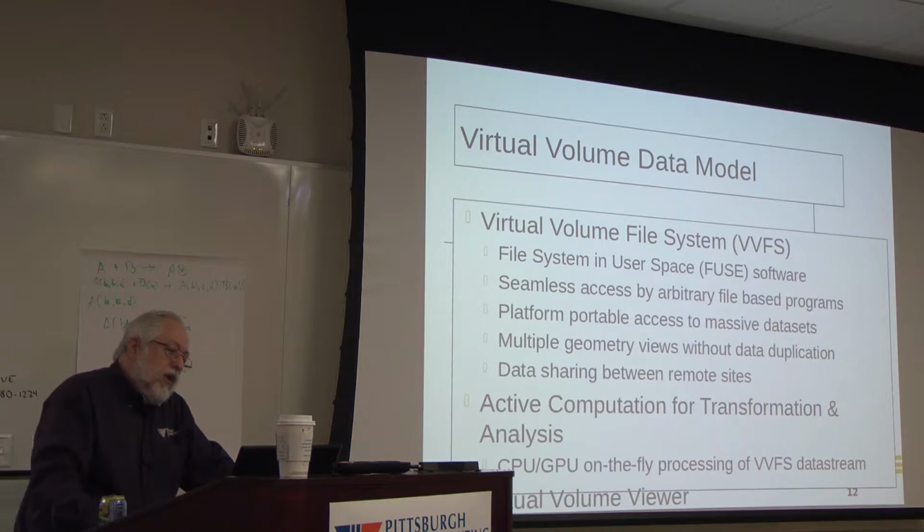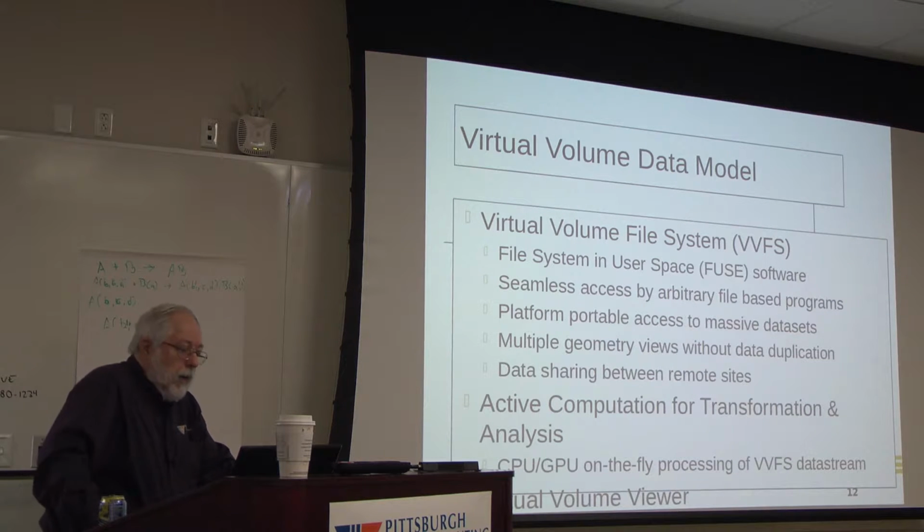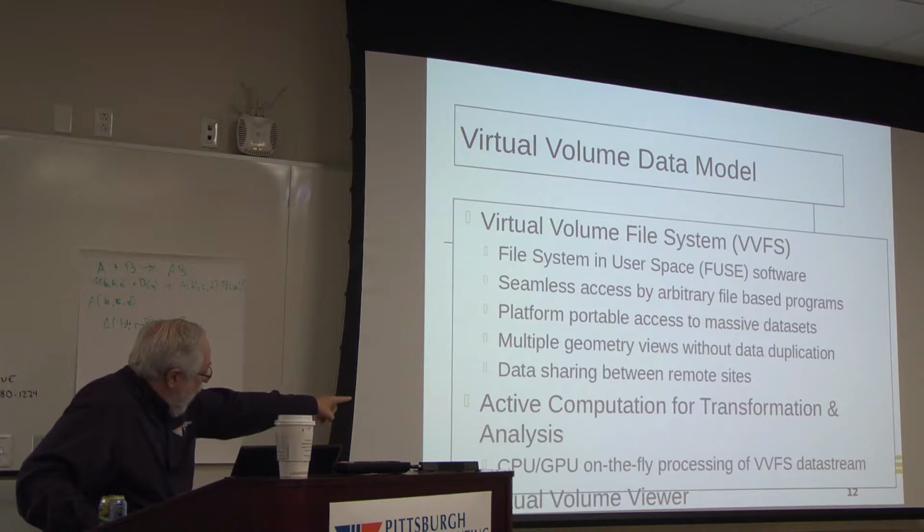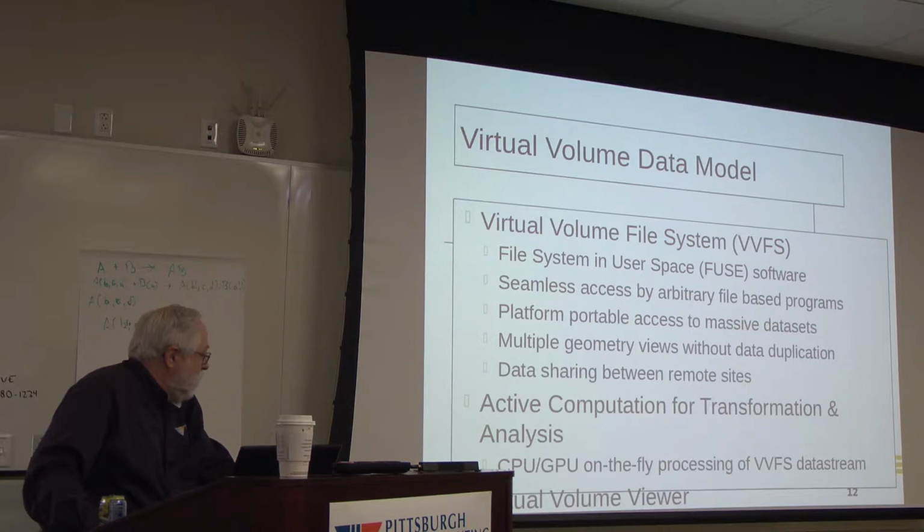So the advantage here of this file system approach is that it allows us to support all those capabilities that would be missing with pipes or other types of mechanisms, and allows us to put active computation and analysis into the data pipeline.